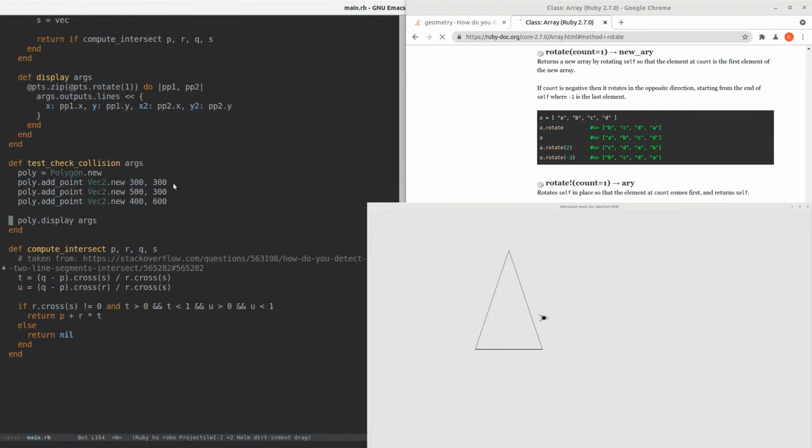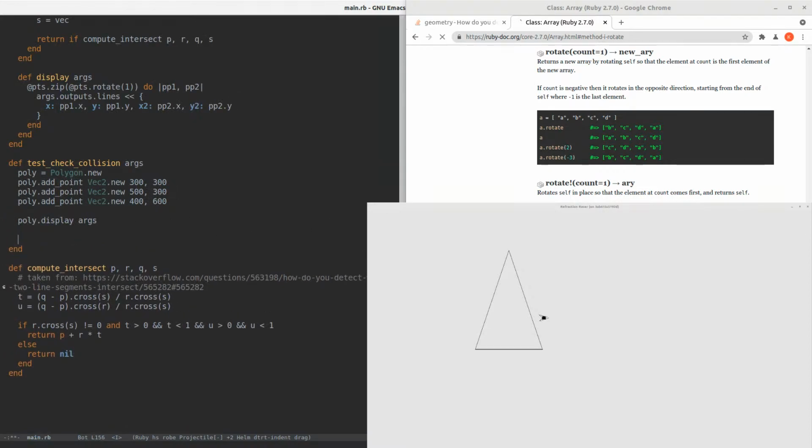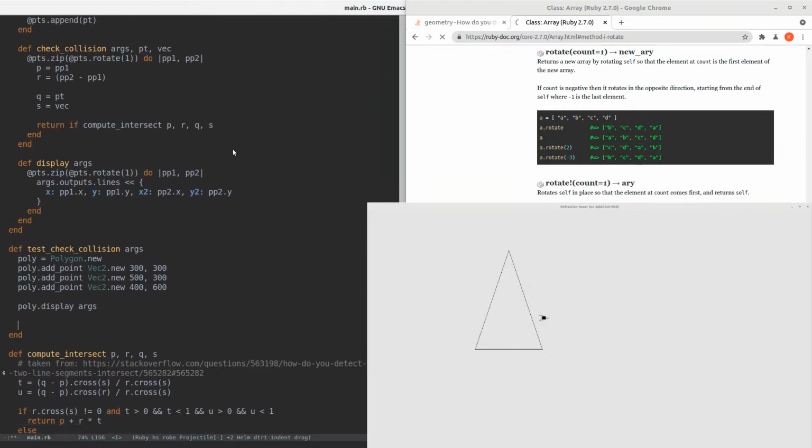So let's now test this with collision. So poly.check collision on Vec2.new, and we'll put this at 200, 400, and Vec2.new, and we'll have this be 200 by 100, or yeah, just something like that.